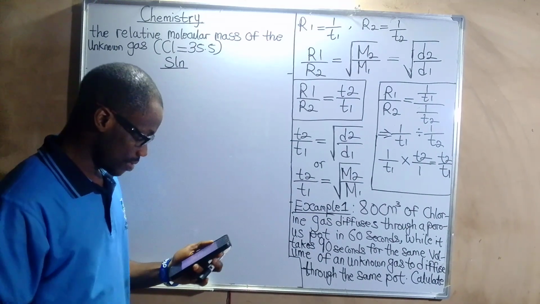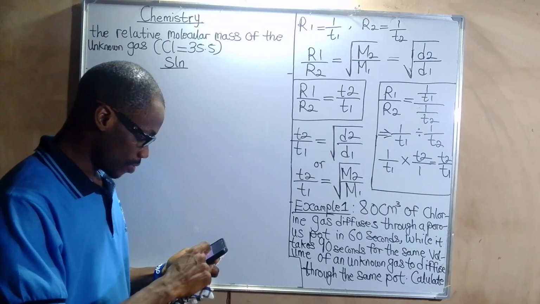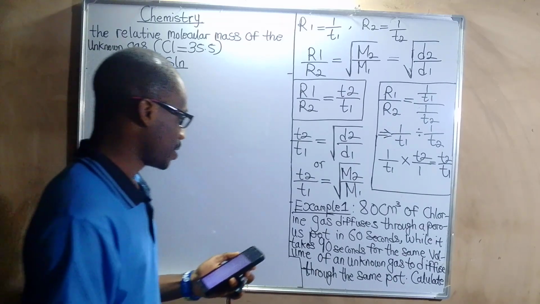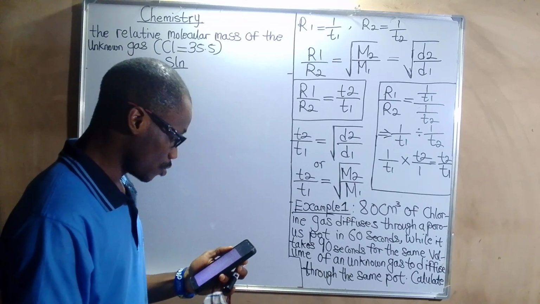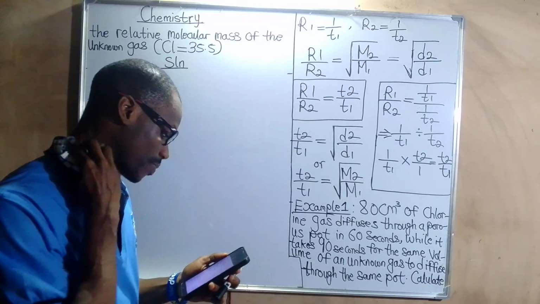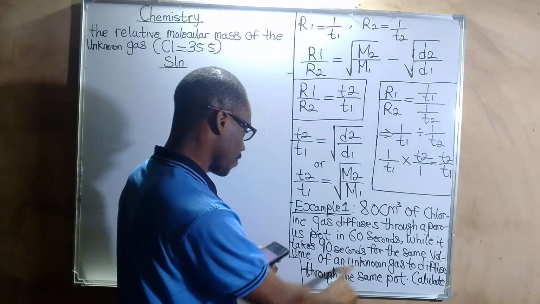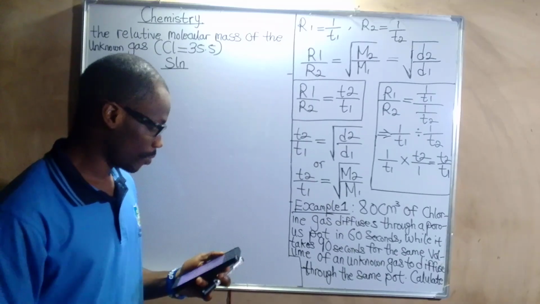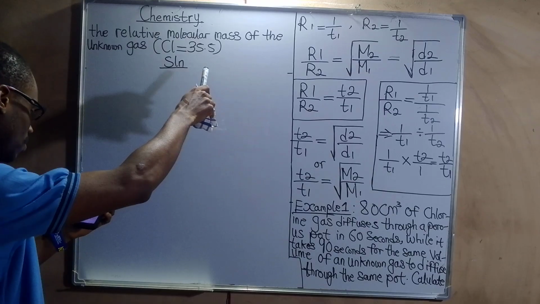Yes, correct. 80 centimeter cube of chlorine gas diffuses through a porous pot in 60 seconds, while it takes 90 seconds for the same volume of an unknown gas to diffuse through the same pot. Calculate the relative molecular mass of the unknown gas.